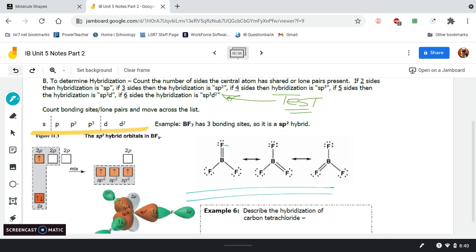So we have 1, 2, 3 attachments. The double bond is going to count as a single attachment. So I don't go 1, 2, I just go 1. So the double bond just counts as 1. Now I'm just going to do the first one because they're resonance structures. So that has 3 attachments.